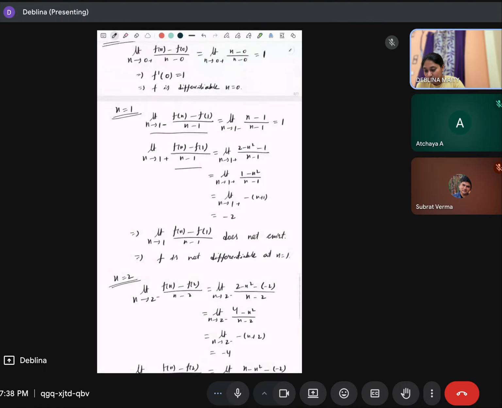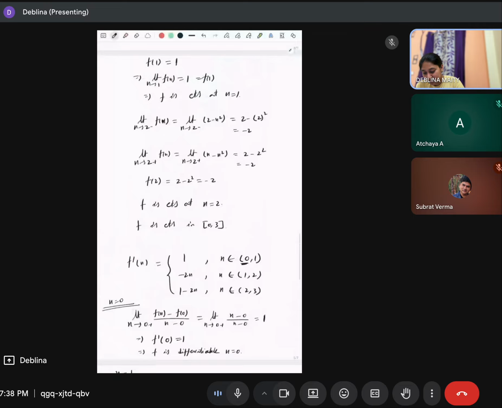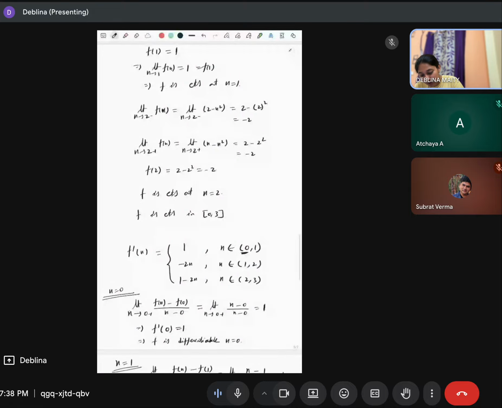So for this question, f' is, now we have found that it is differentiable at the points 0 and 3 and not differentiable at the points 1 and 2. So the domain of f' is what?